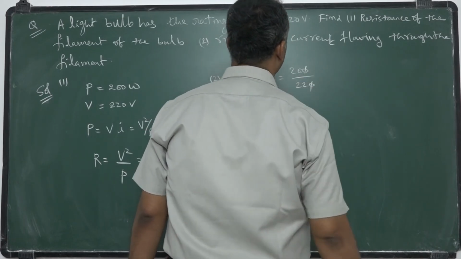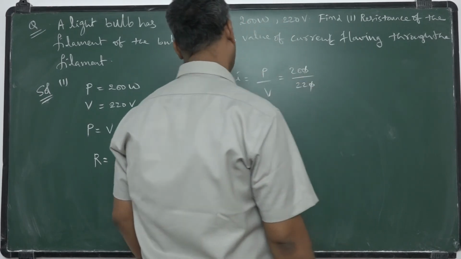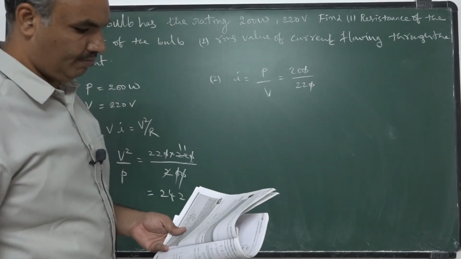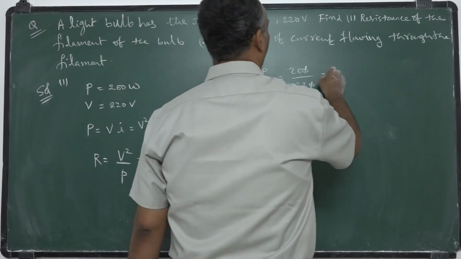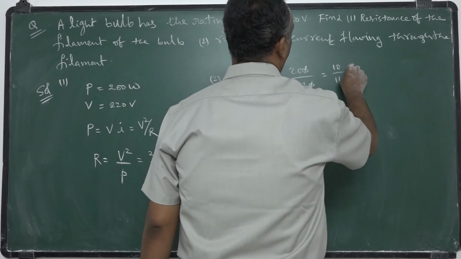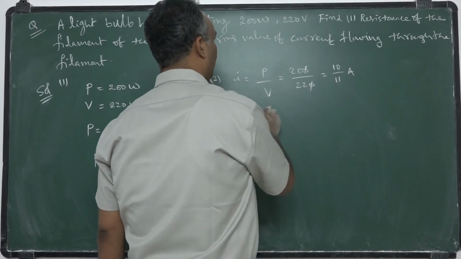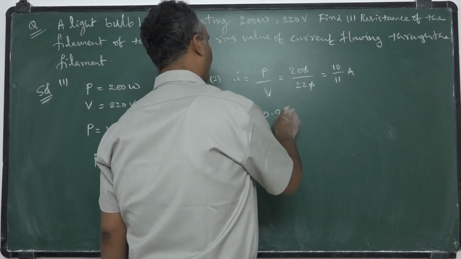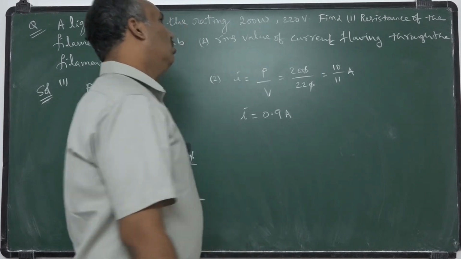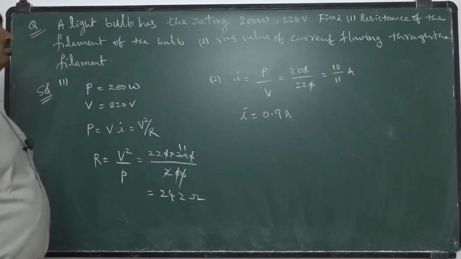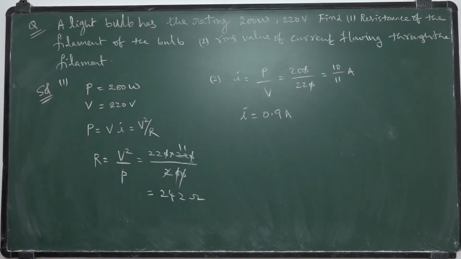The zeros get cancelled. So the current value is 10 by 11 amperes, nothing but 0.9 amperes. So this is the value of current.